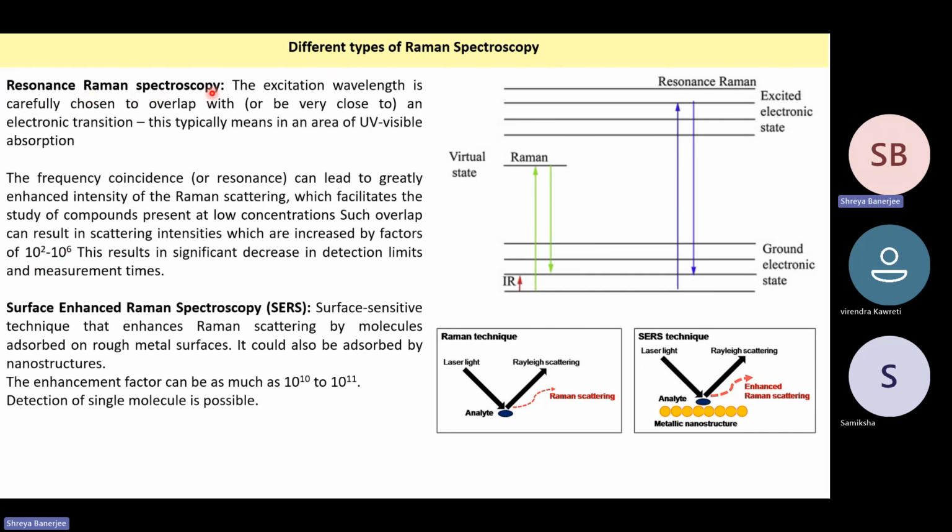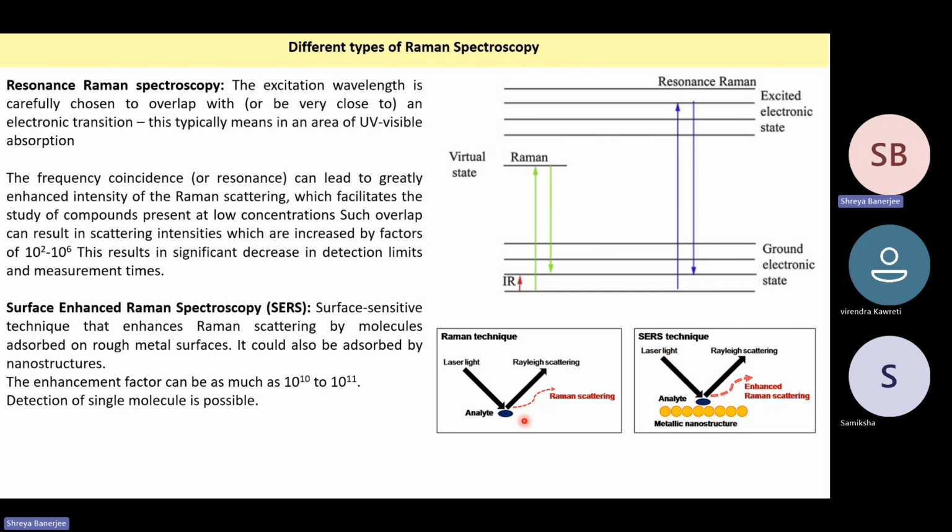And another way to increase the intensity is called surface enhanced Raman spectroscopy, where you have certain molecules. So the molecule is causing Raman scattering, but if you cause the molecule to be adsorbed on the surface of some nanostructure, we don't need to look into why this is happening.